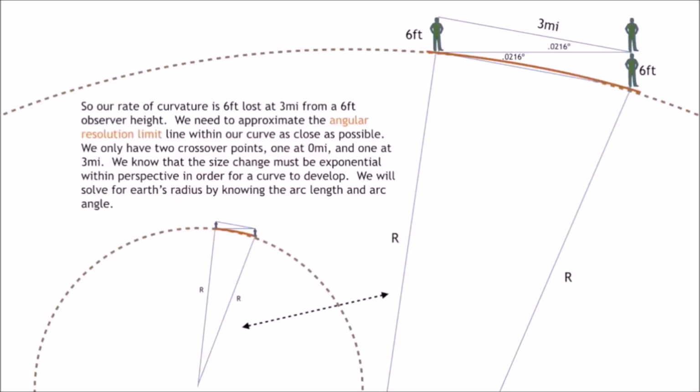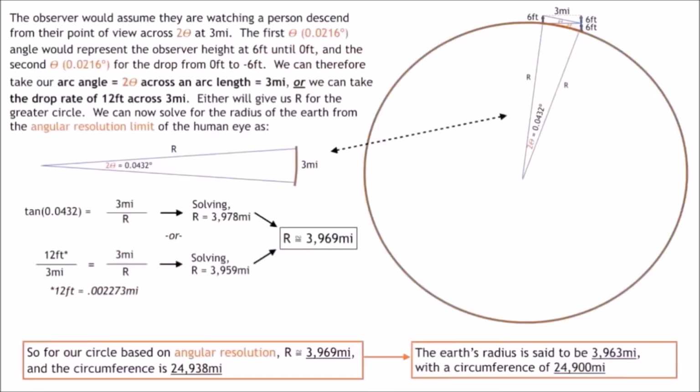You can see here we've just taken our two triangles, placed them against a curve for a person walking over at that rate of 6 foot loss over 3 miles, and we have then extrapolated it along a greater circle. So the observer would assume they are watching a person descend from their point of view across 2 theta at 3 miles.